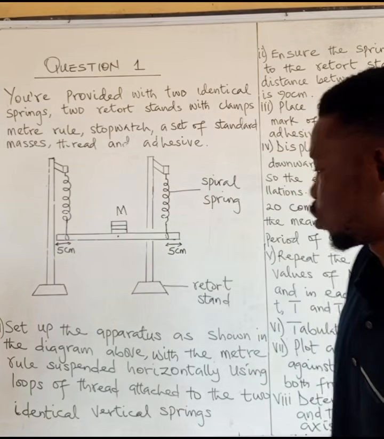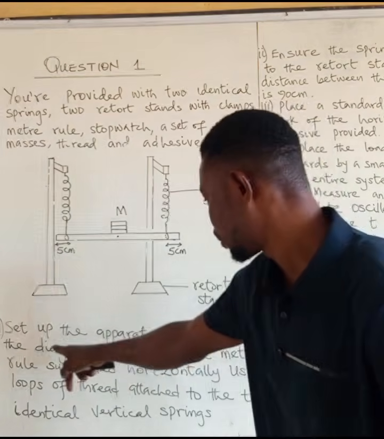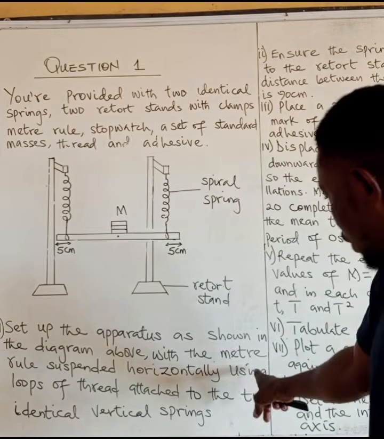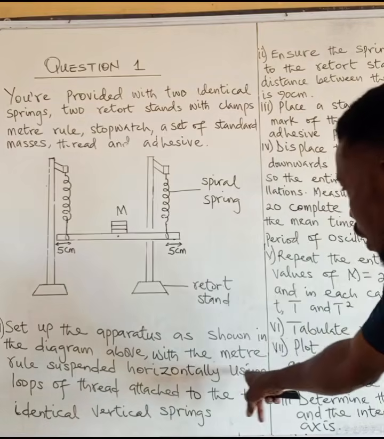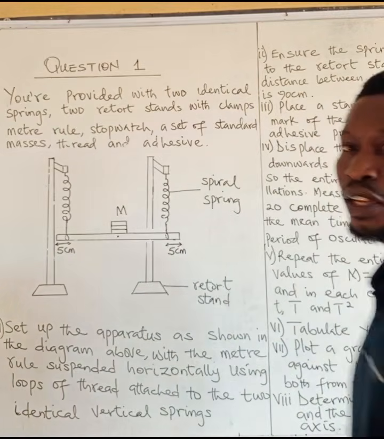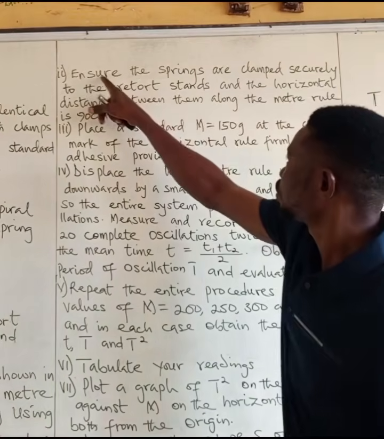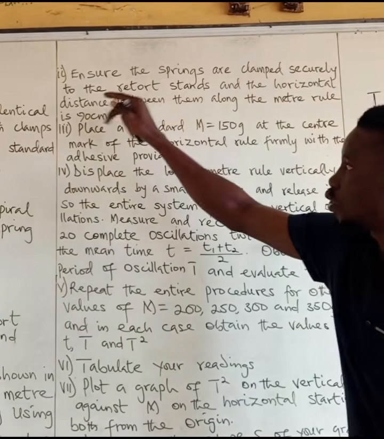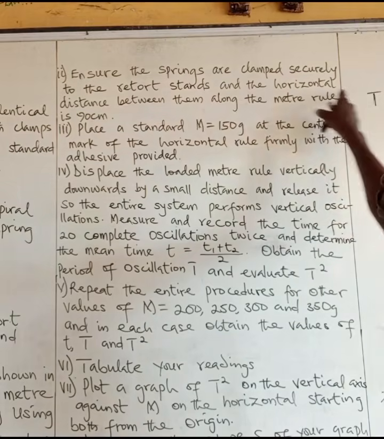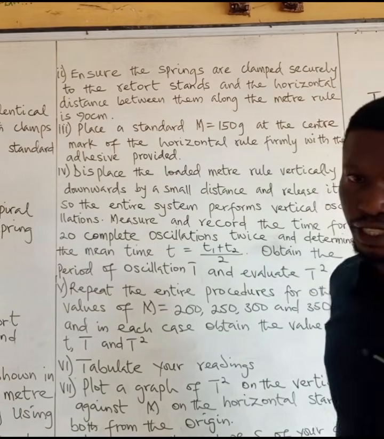So you are required to set up the experiment as shown in the diagram above, with the meter rule suspended horizontally using loops of thread attached to the two identical vertical springs. To continue, you ensure that the springs are clamped securely to the rotor stands, and the horizontal distance between them along the meter rule is 90 cm.